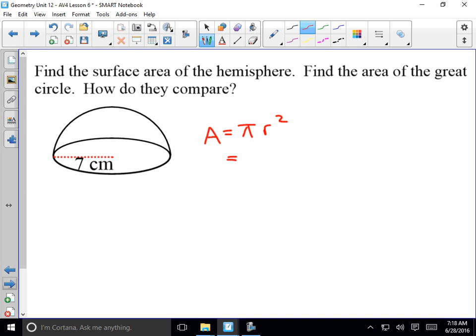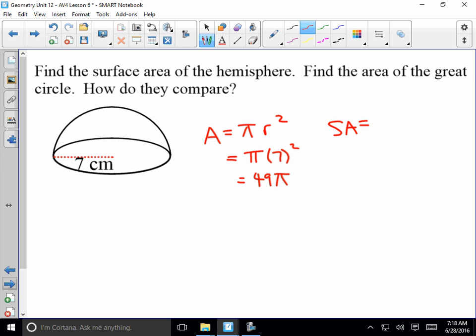We have a radius of 7. So pi 7 squared, we get 49 pi for the great circle around the middle of the base of this hemisphere.